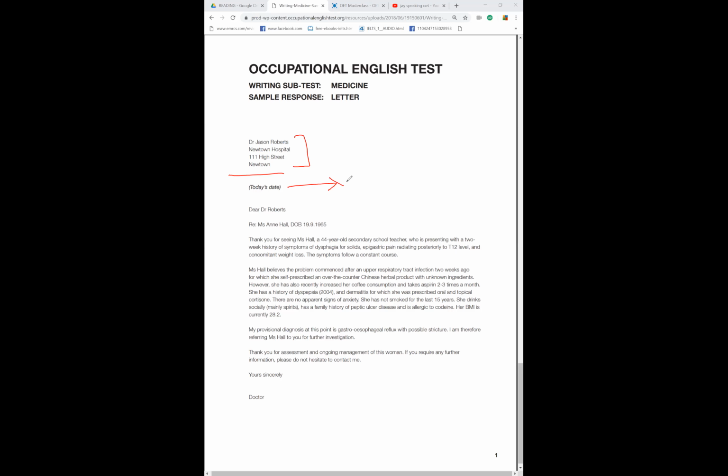Then you will write the date, today's date, which will be written like this. If your test is the 20th of March, you will write it like this: day, month, and then year.